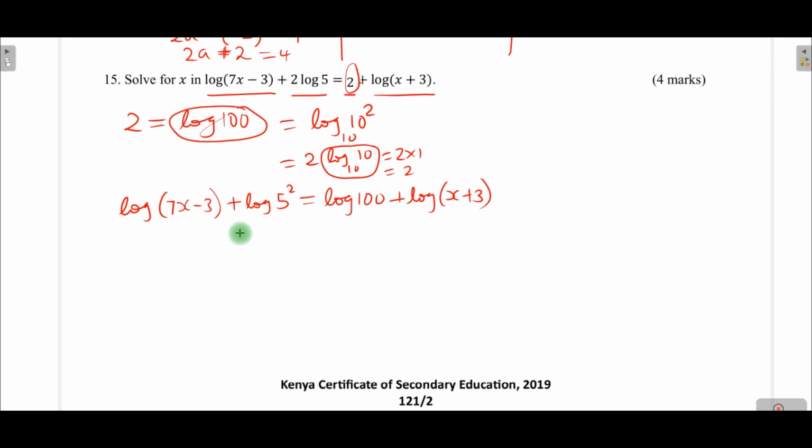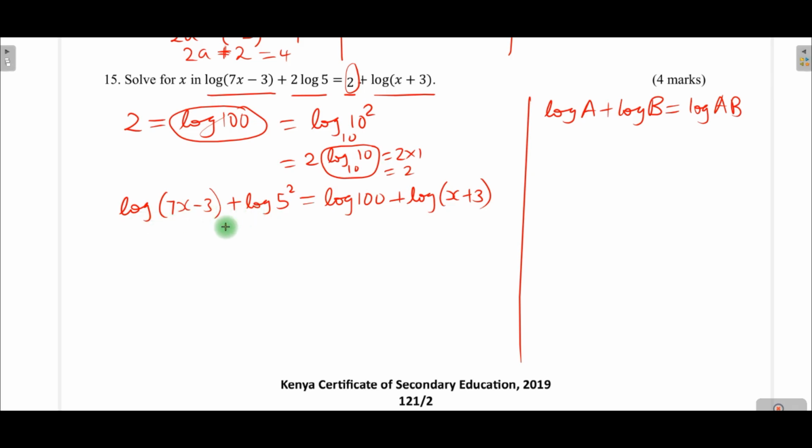So from there, we consider the laws of logarithm, whereby log of a plus log of b can be written as log of ab.